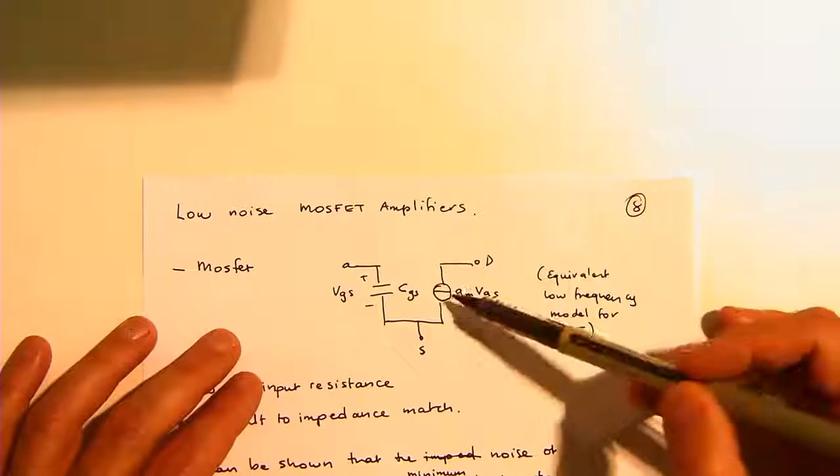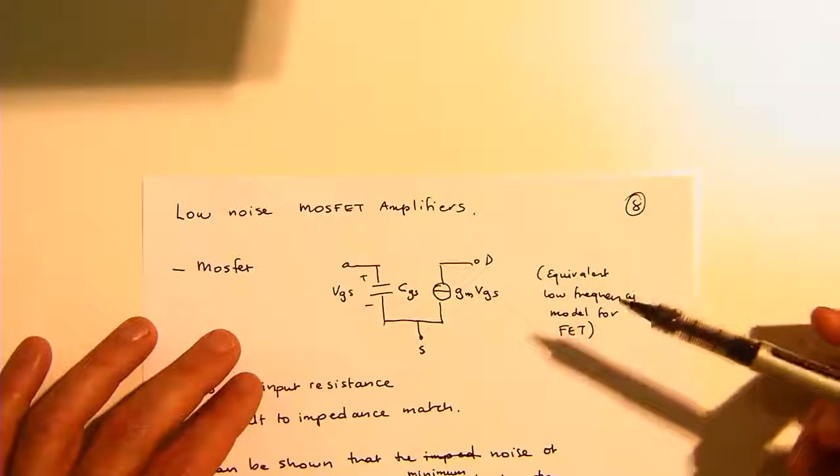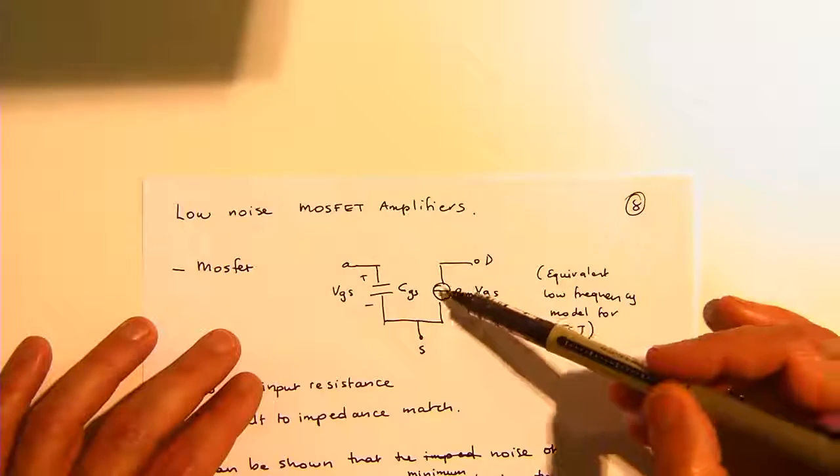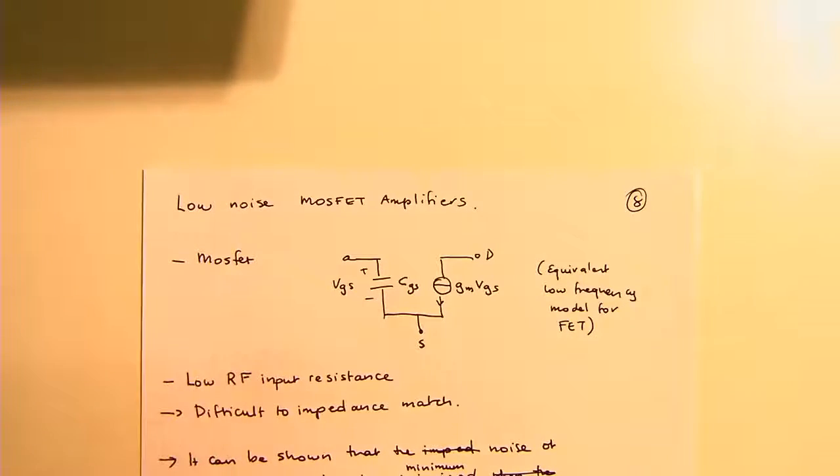Okay. What's this gm, this current source gm? Yes, it's transconductance. gm is transconductance. And what's this current source doing? Voltage controlled current source. Yes, and it converts the input voltage to output current. Sure. Okay. All right. So you've all seen this before? Yes, you must have seen this hundreds of times before.